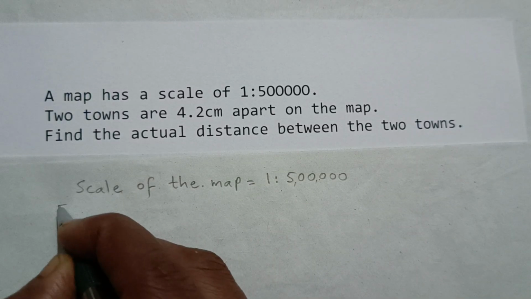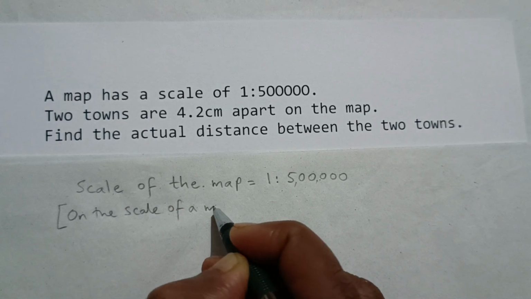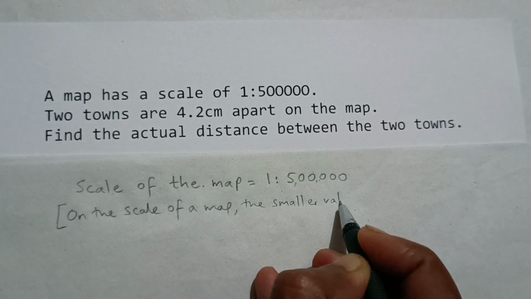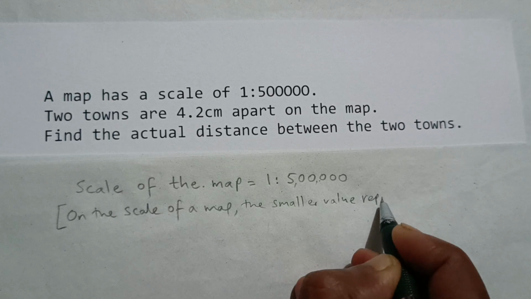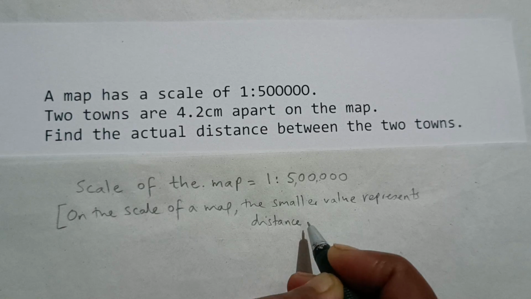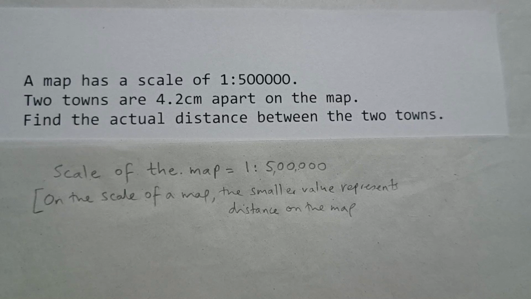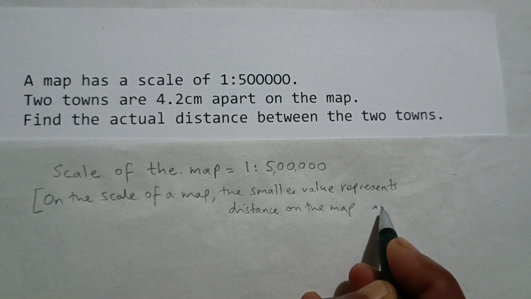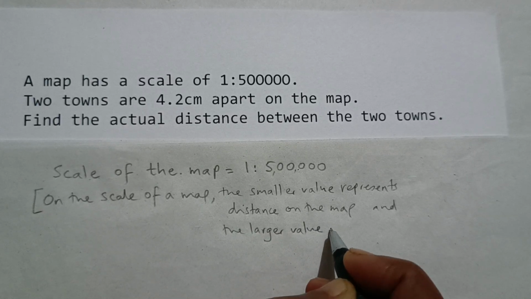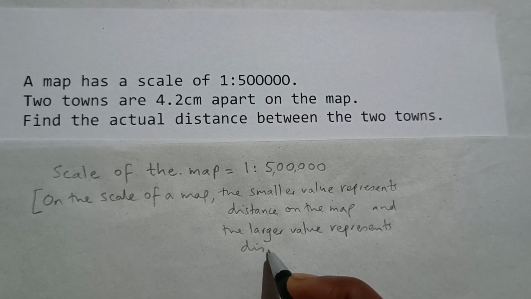So I will write it down. On the scale of a map, the smaller value represents distance on the map and the larger value represents distance on the ground.